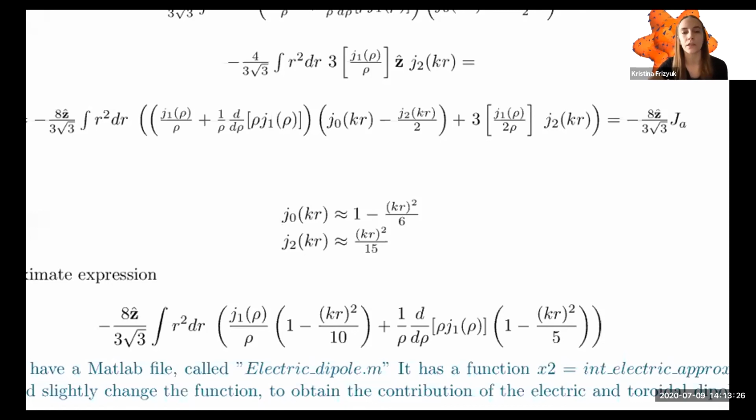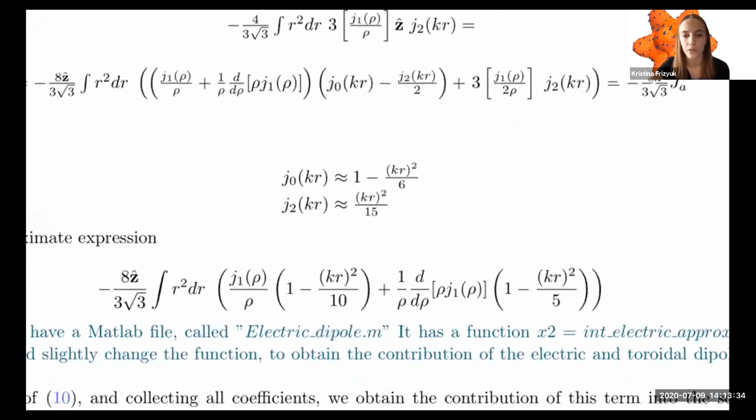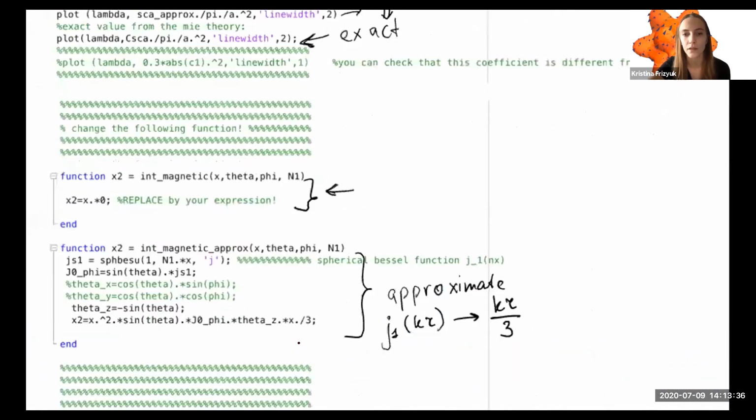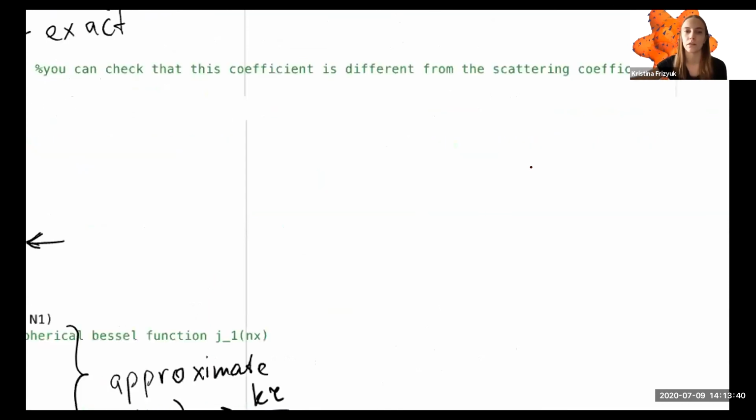You plot here the square of absolute value, but what happens when you have an anapole? What should happen? In case of an anapole, you will just obtain, for example, this will be a plot of total dipole. Sorry.